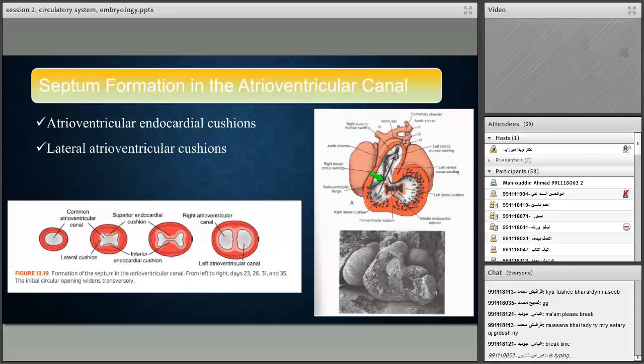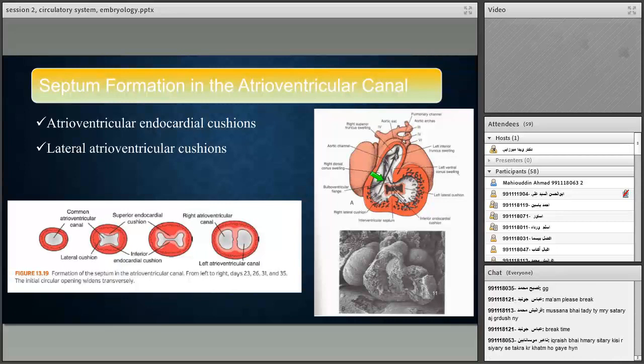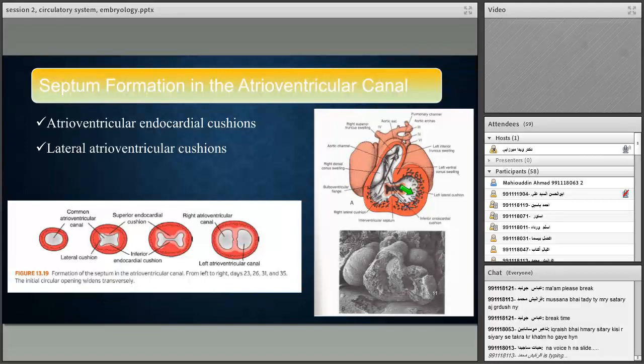So, near the end of the 5th week, we can see that the atrioventricular canal is separating the 2 atriums from 2 ventricles, right and left. After the connection of these endocardial cushions, we can see the right and left atrioventricular canals.